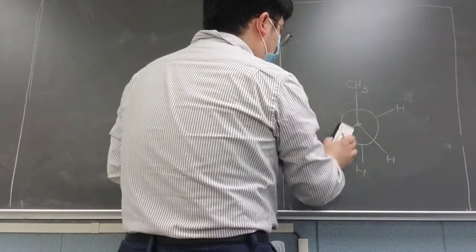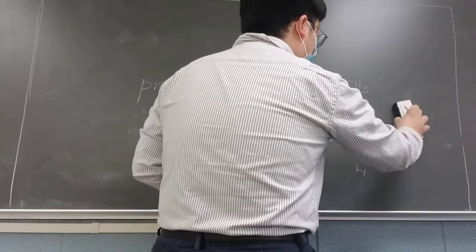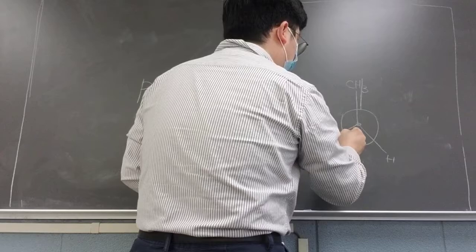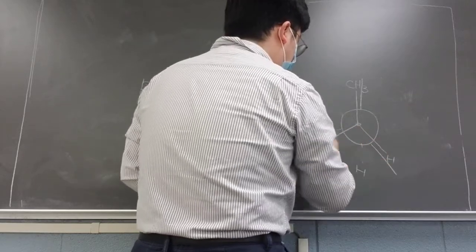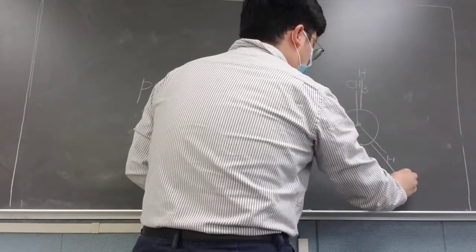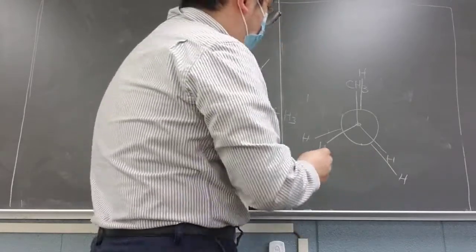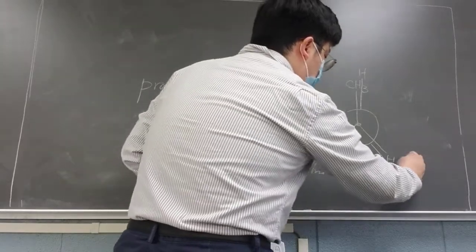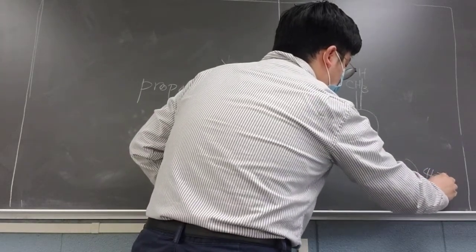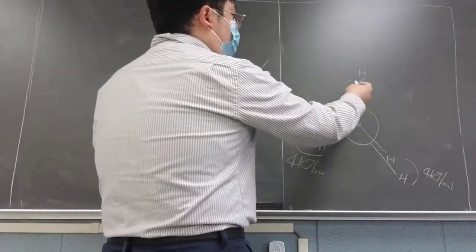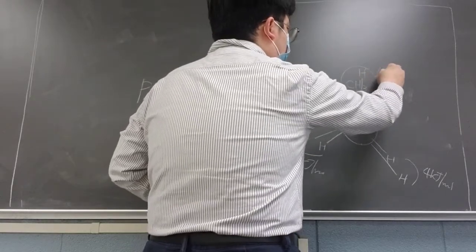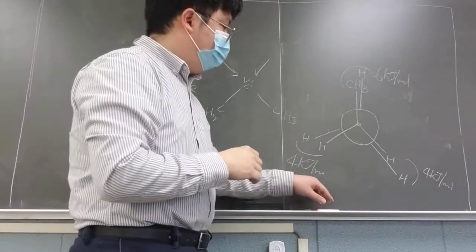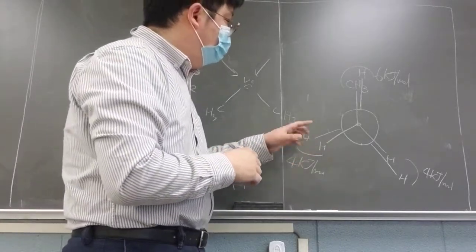But if we change this one to the eclipsed conformation, this will still be the same 4 kilojoule per mole, 4 kilojoule per mole. But this one will be 6. Do you see?